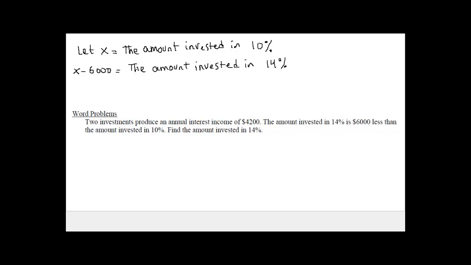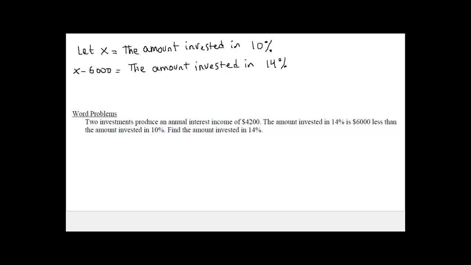The amount we're going to invest in the first account, 10%, we're assuming to be equal to x, and the amount invested in the other account, 14%, we're going to let equal x minus 6,000.